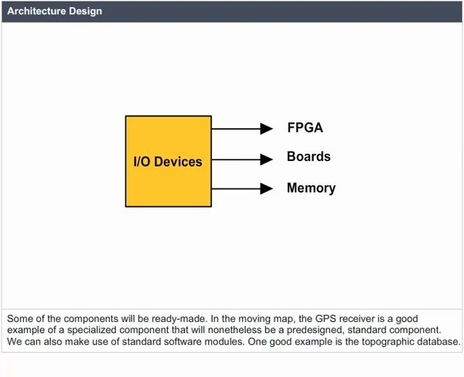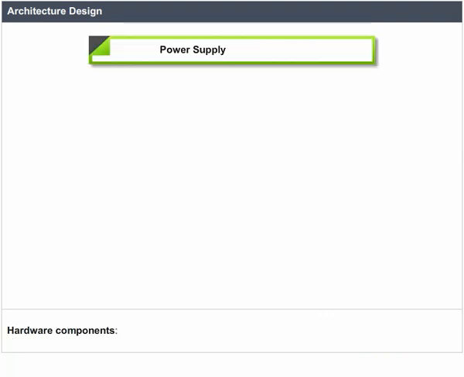Hardware components: power supply, processor, memory, timers, serial communication ports, input-output circuits, system application specific circuits. Software components. The application software is required to perform the series of tasks.